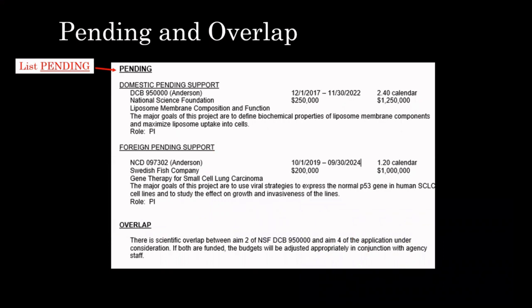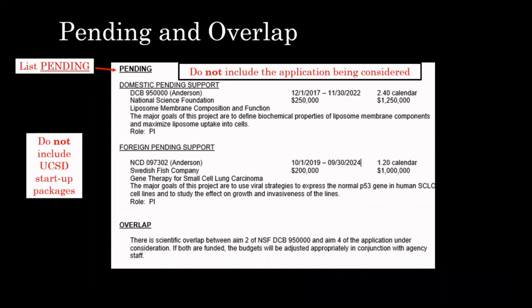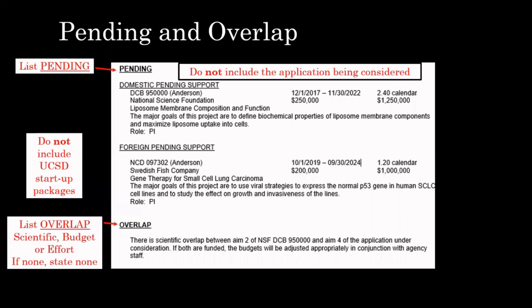Pending and overlap. So we're going to list pending under active grants, so that's going to be the next section down. And do not include the application being considered. Also, do not include UCSD startup packages. And then list if there's any overlap.